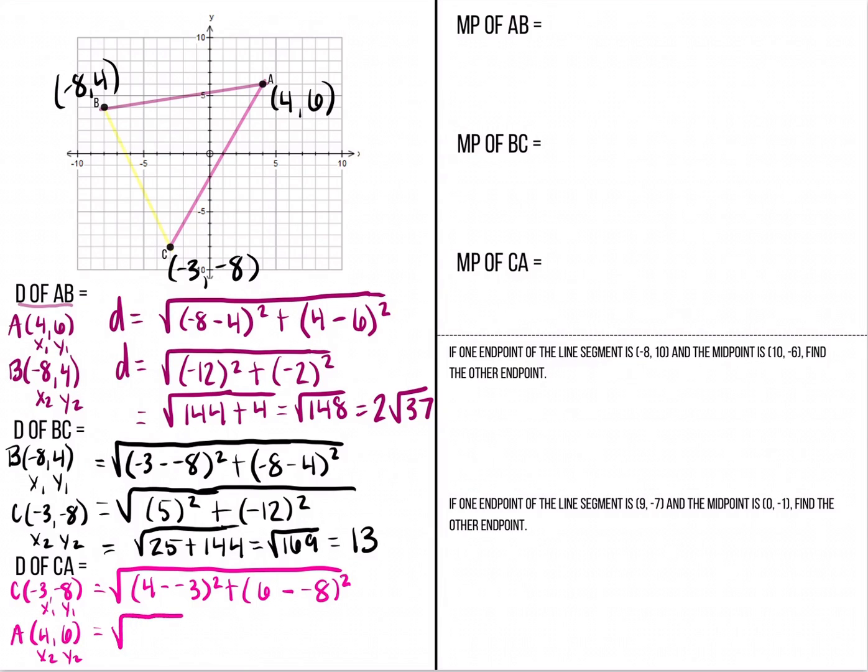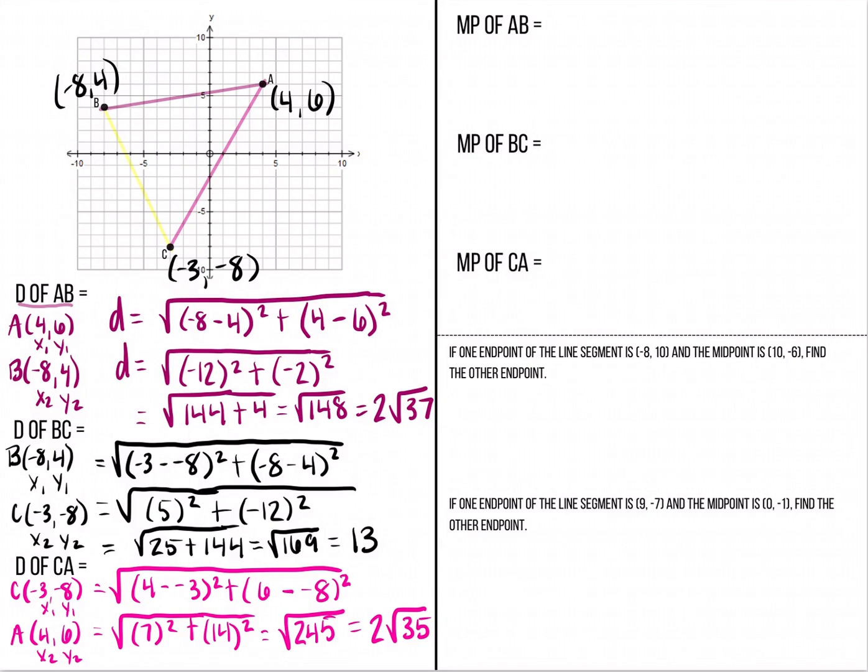That's the square root of 7 squared plus 14 squared, which is the square root of 245. If you square those and add them, you get 245, and that simplifies to 7 square root 5. That's finding the distance of 2 points.